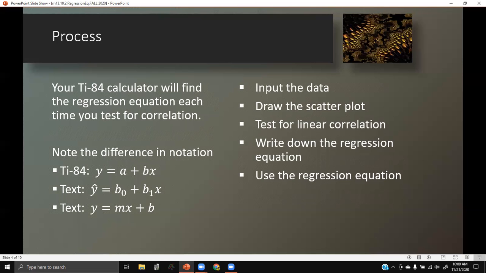I always like to take a visual look at the data before I run down any linear regression blind alleys. Once I get that plot drawn and I notice a reasonable linear relationship, I'll test for correlation. And the reason I'll do that here is so I can pull out the regression equation. I'm going to write that down, and then I'm going to go ahead and use that regression equation.